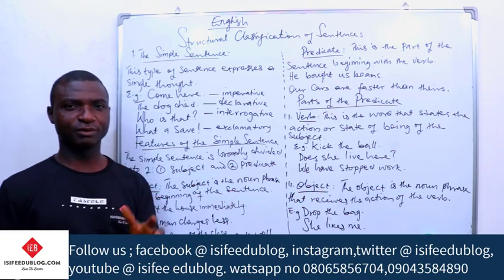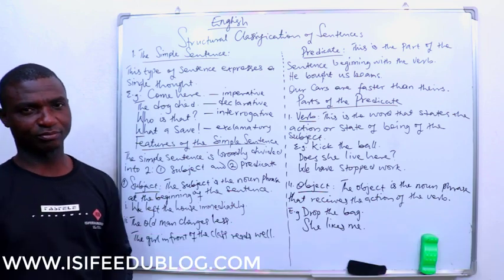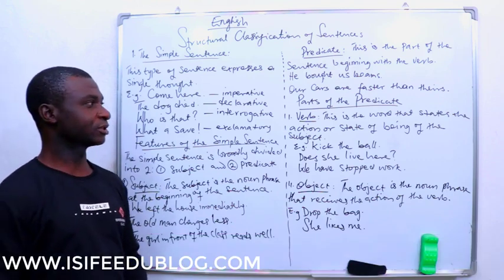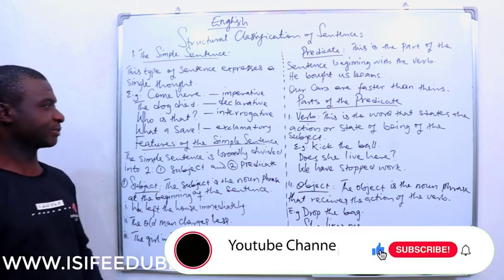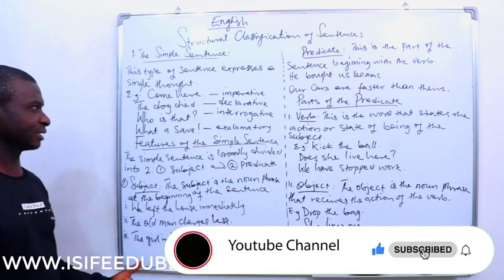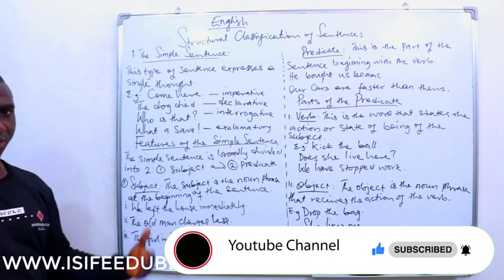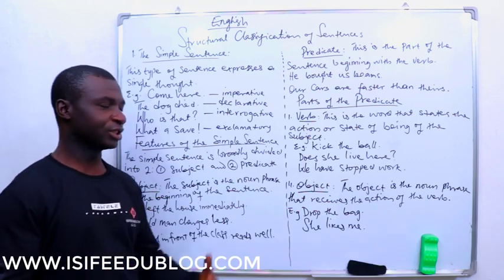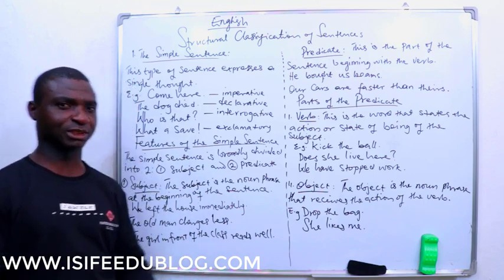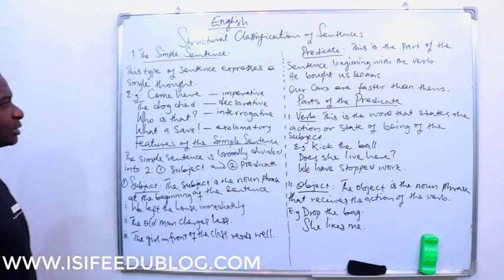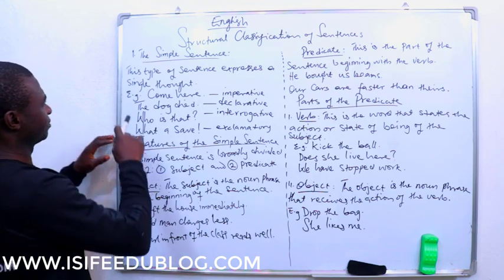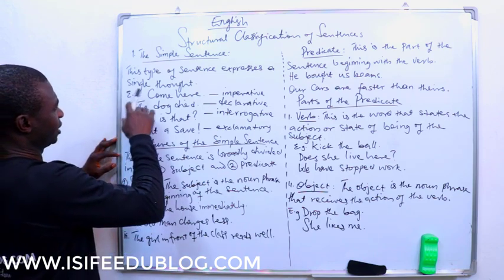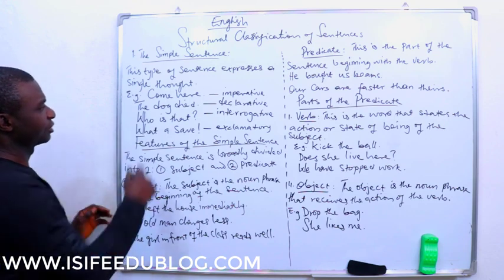It gives just one idea, and to do this you usually need just a verb, or perhaps a verb and its auxiliary, but it is usually a verb of the same sequence, not verbs saying different things. Now, here is our example. Come here.